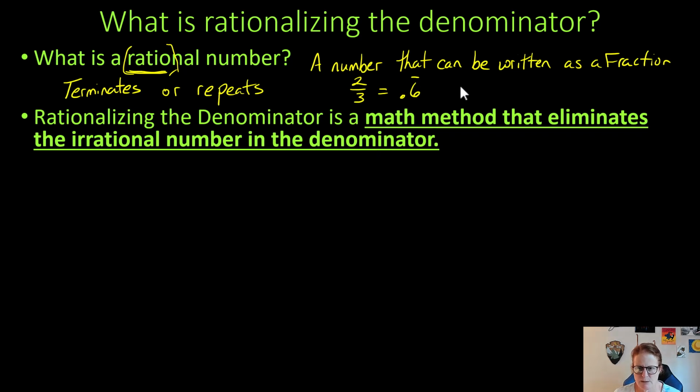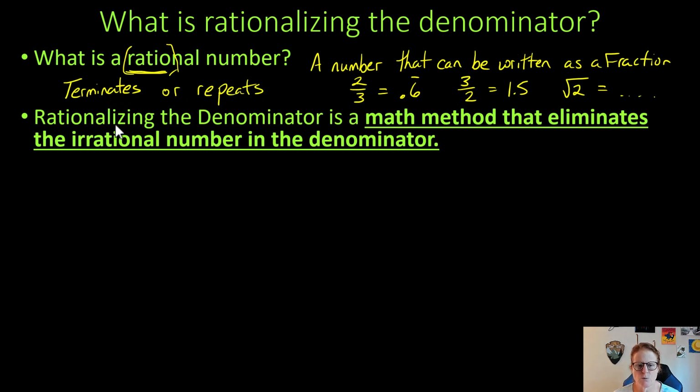If you punch in 3/2, just flipping it around, you would get 1.5, and it terminated. But if you punch in the square root of 2 into your calculator, you get a decimal that goes on forever and never repeats. So while Google says a number that can be written as a fraction, let's add to it that the fraction can terminate or repeat.